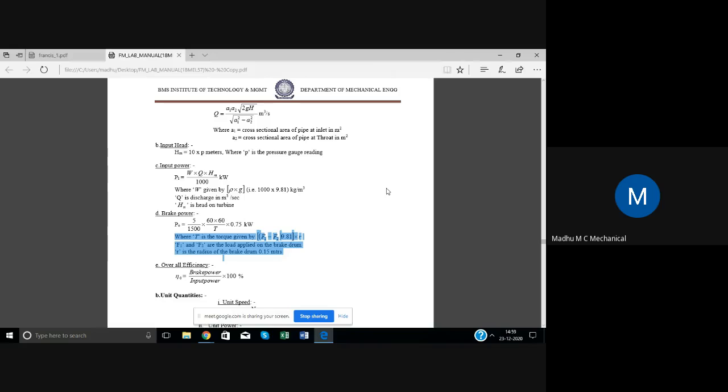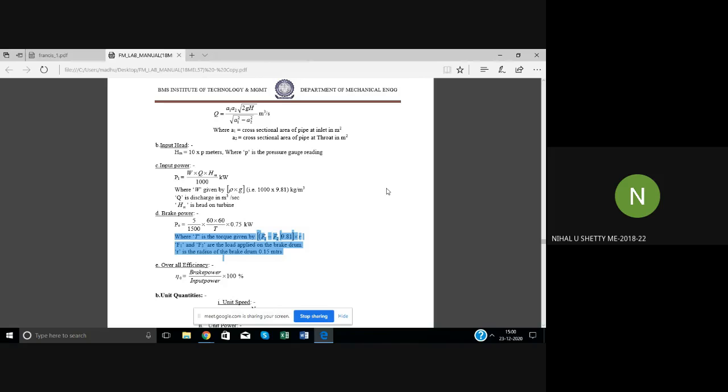So 0.49? No, sir, like 4.9 into 10 power minus 4 will come. In meters you have to do. I know. 3.14 divided by 4 into d square. D is 25 mm, that is 0.025 meters. 4.9 into 10 power minus 4 you will get. Okay. So that is the area.